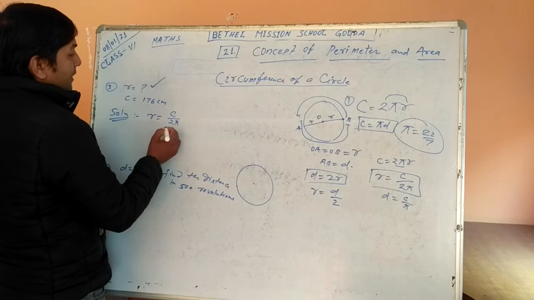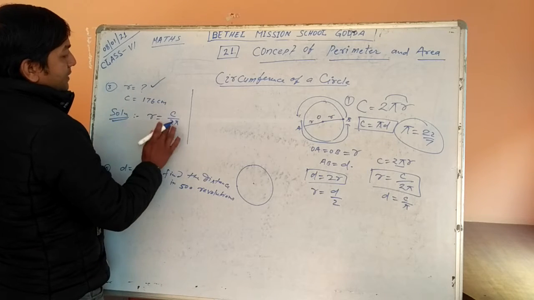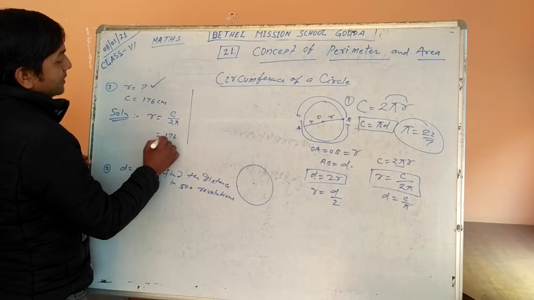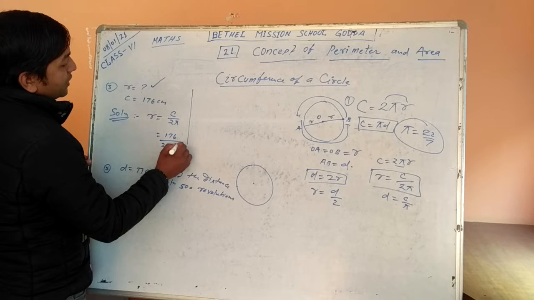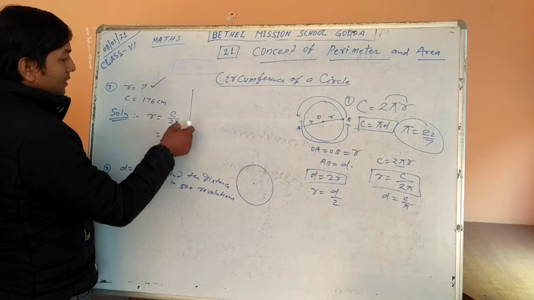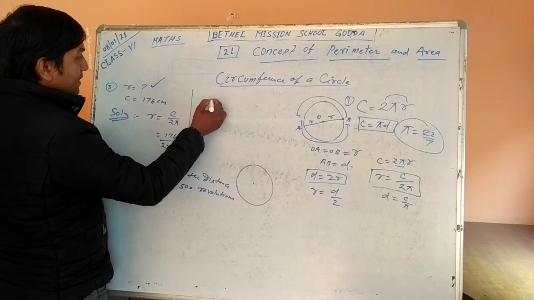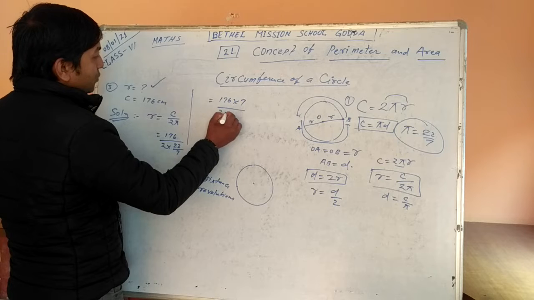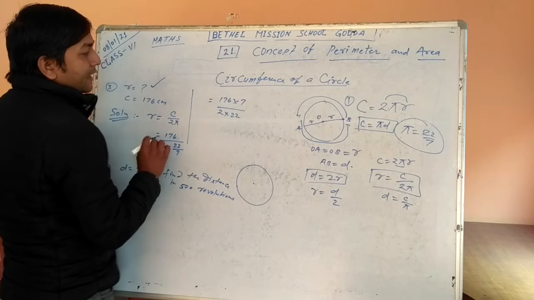Okay, so circumference by 2 pi, circumference is given 176 by 2 and pi is 22 upon 7. Take this 7 upside, that is 176 into 7 by 2 into 22.